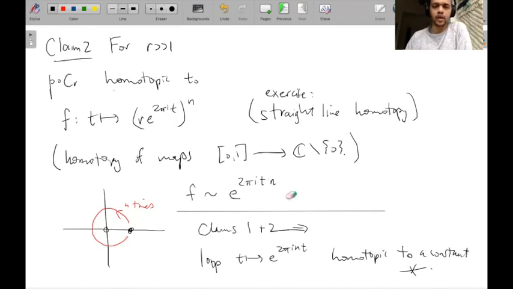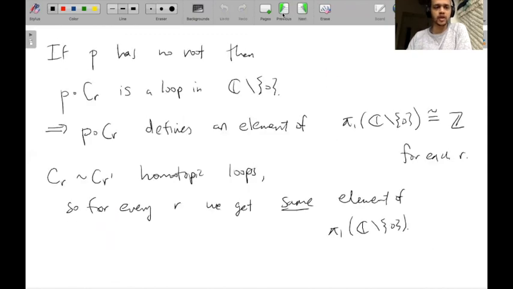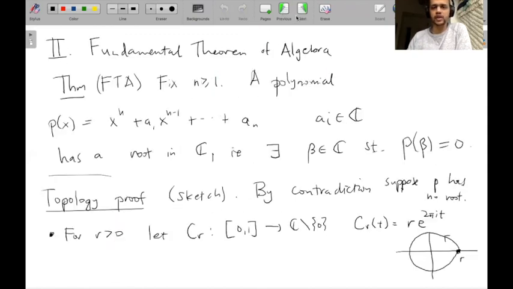So here we're using a few things. First of all, N is at least 1, so this is a non-trivial loop. The assumption of the theorem, remember, is N is at least 1.